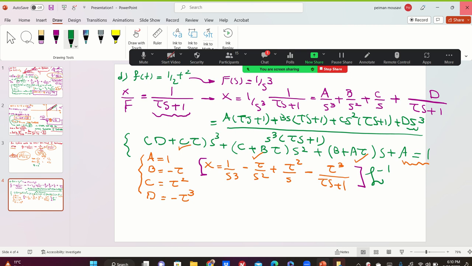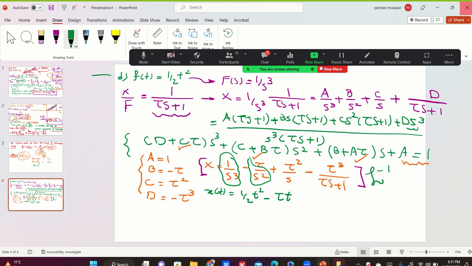So x of t gonna be, what is this? Come on, look at here. Yes, 1 over 2, t squared. What is this from the previous one? Yes, minus tau t.